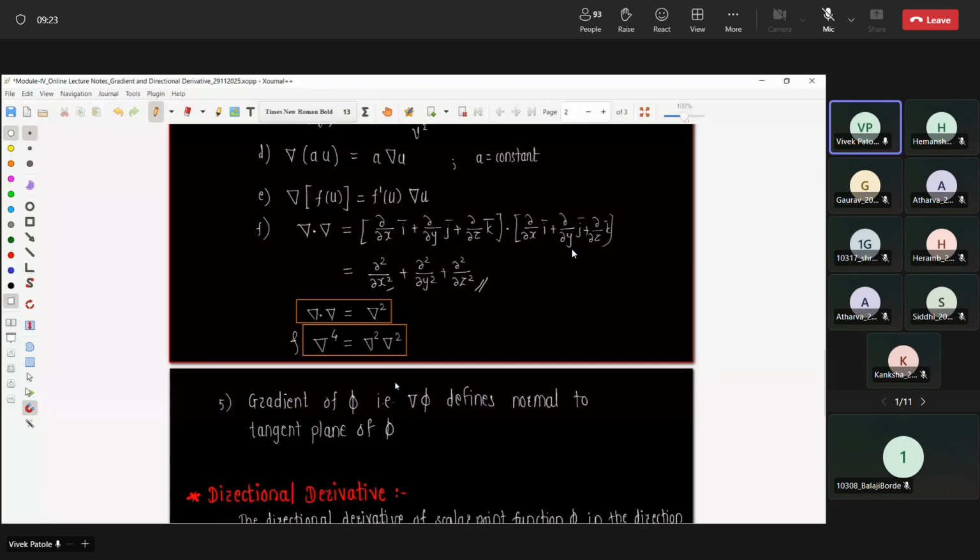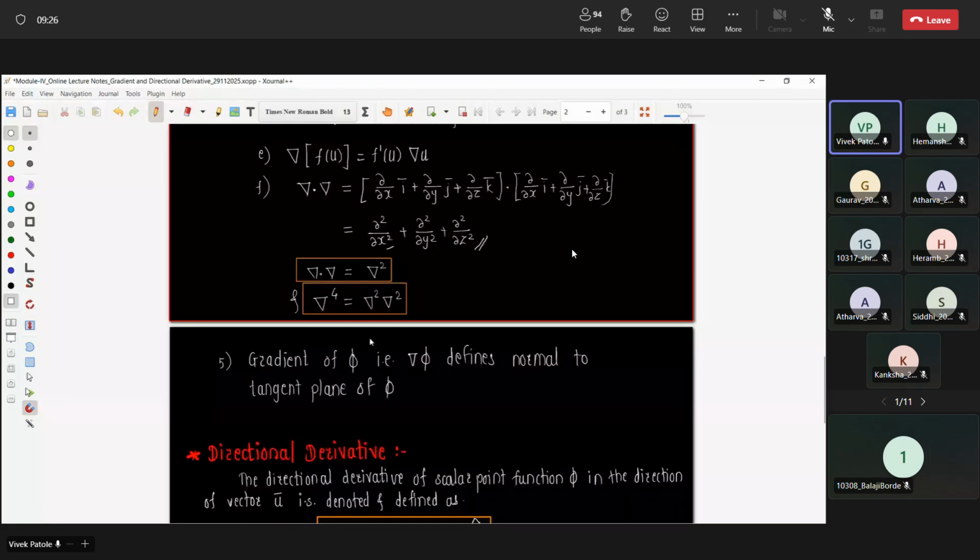Likewise, the gradient of phi defines the normal to the tangent plane of phi. Del phi is the direction of maximum change in that function, and the maximum change always occurs along the normal.